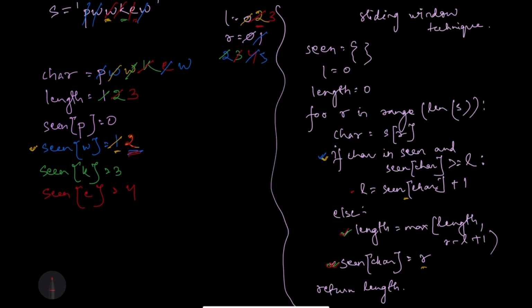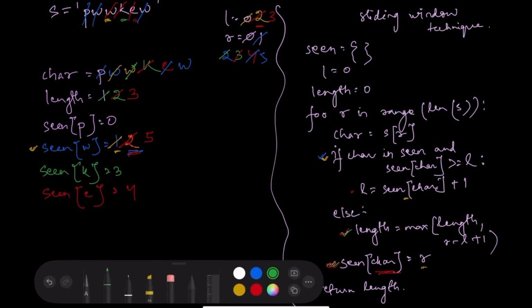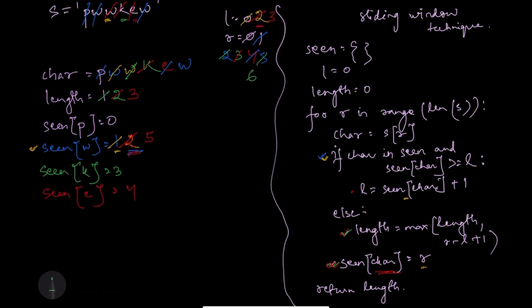After that, we would come here and we would be updating our W. So our W would right now have index of 5, which is the index of our right pointer. But now when we try to update, our r would right now be 6.